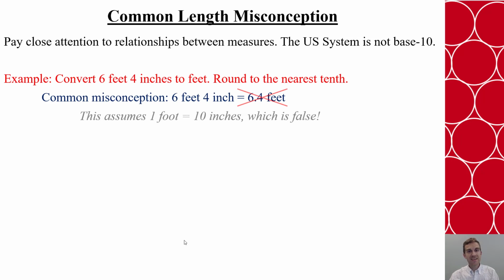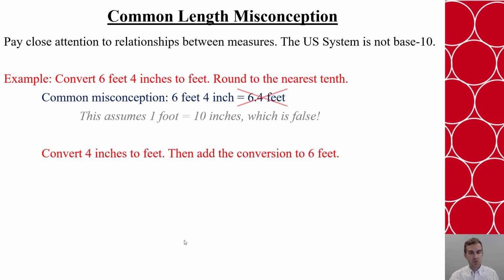Well, a foot is not equal to 10 inches. That's what a solution of 6 and 4/10 would assume. Instead, we have to convert the inches over to feet and then add it on. So I'm going to use a proportion here. If I use inches to feet equals inches to feet, I can then solve my proportion because there's really 12 inches in 1 foot.